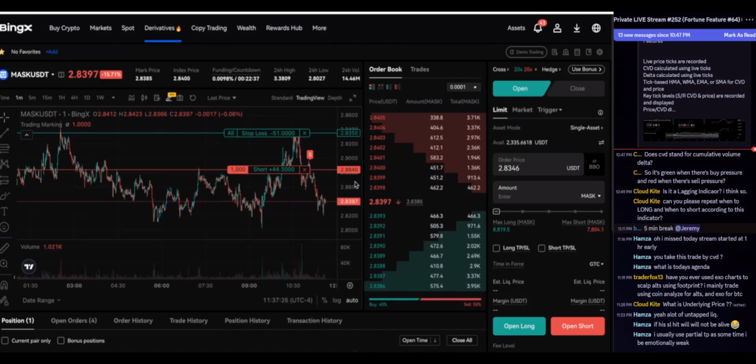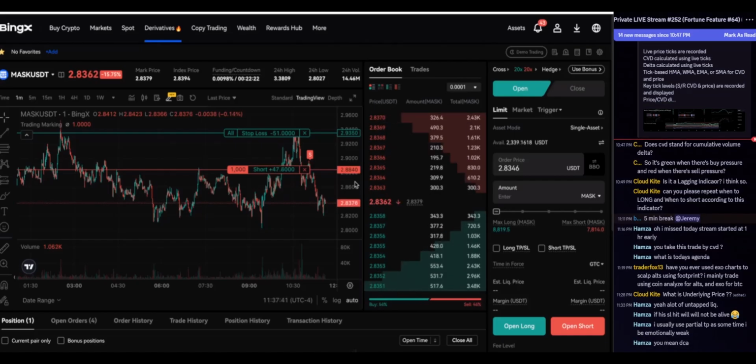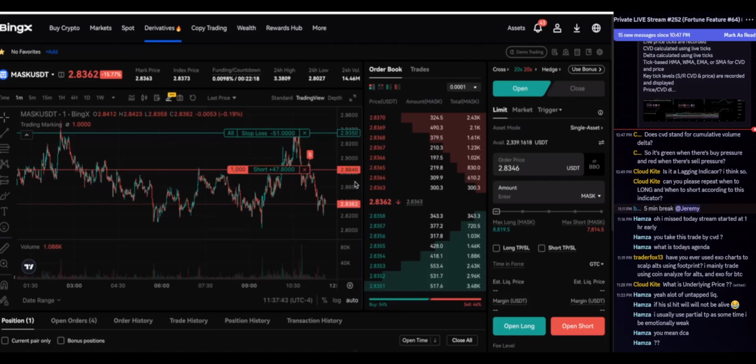But what do most guys do? Most guys de-risk when things are going on their side, and then they up the risk when things are going against them. Let me say that again. Most bad traders de-risk when things go their way, and they up the risk when things don't go their way. That's not good. Yeah, Hamza, that's DCA, but I've argued against this many times. A lot of the time, DCAing and trying to add to losers can be a very bad strategy.